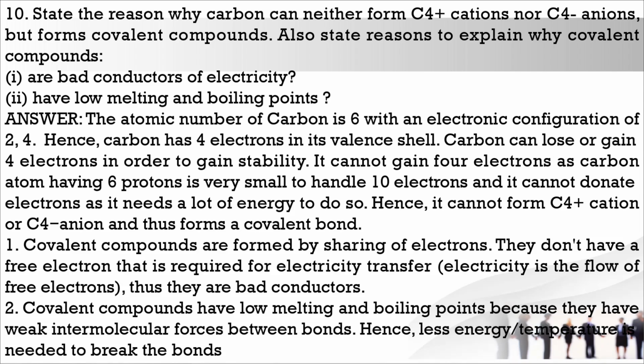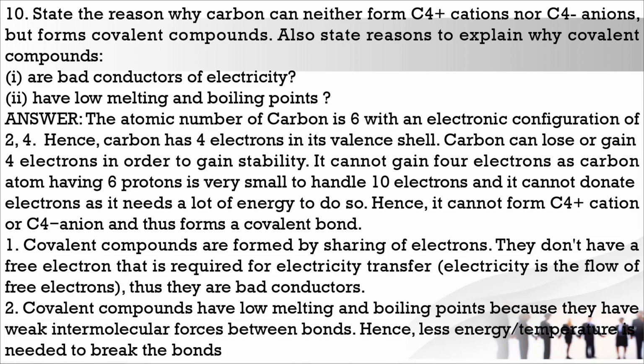Hence, carbon has 4 electrons in its valence shell. Carbon can lose or gain 4 electrons in order to gain stability. It cannot gain 4 electrons as a carbon atom having 6 protons is too small to handle 10 electrons, and it cannot donate electrons as it needs a lot of energy to do so. Hence, it cannot form a C4+ cation or C4- anion and thus forms covalent bonds.